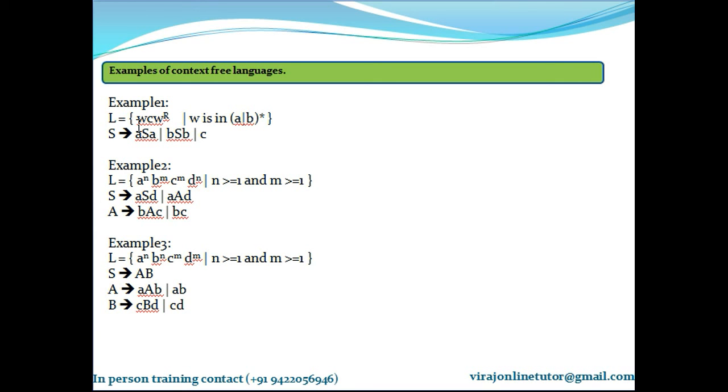So suppose you type ABB here, then a C, then after C you need to have BBA, exactly the reverse of what you wrote before C. W^R meaning reverse of W, what you wrote on the left-hand side of C. So suppose you wrote ABB, after C you need to write BBA.